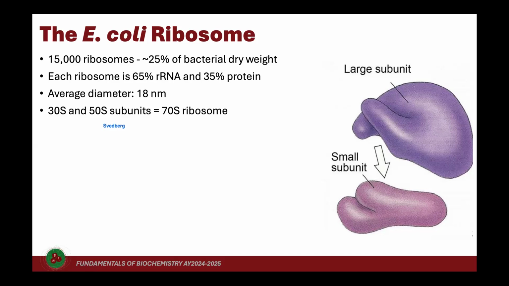So this is when you perform centrifugation on them. If the molecule has a higher sedimentation coefficient, then it means it needs a higher gravitational force to pellet it out of the solution. That's what the S stands for, Svedberg unit.